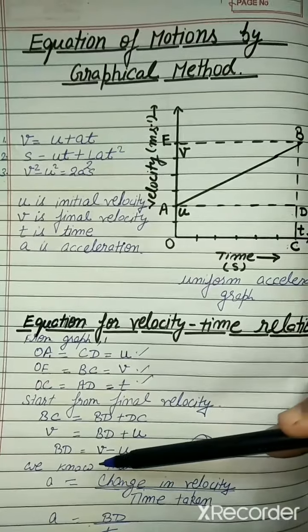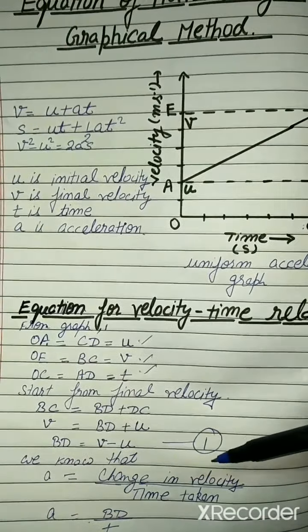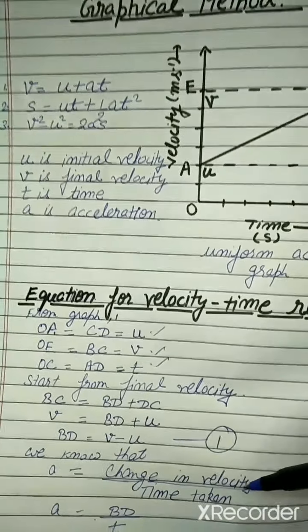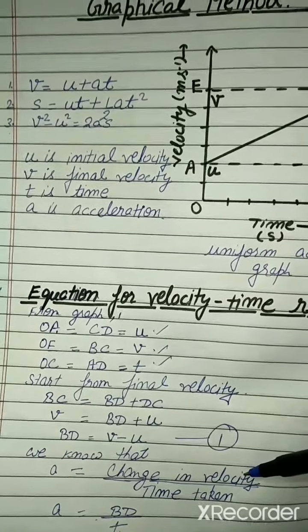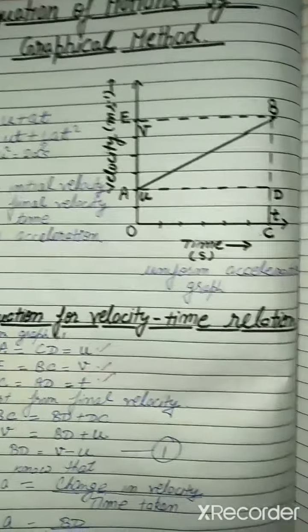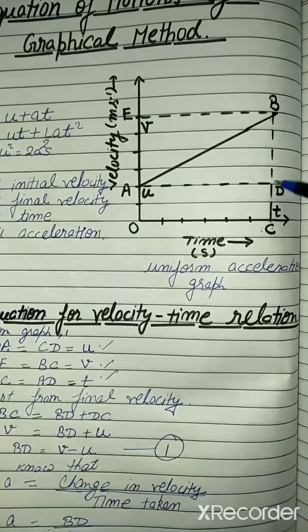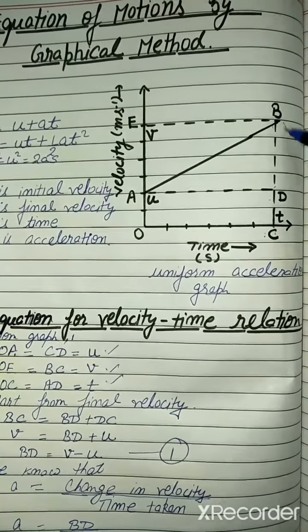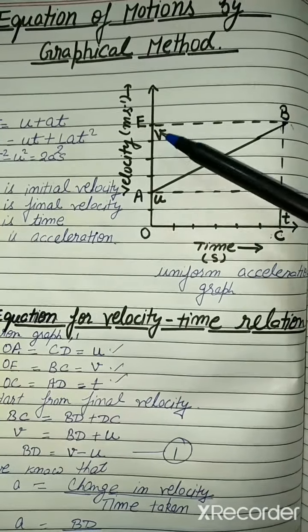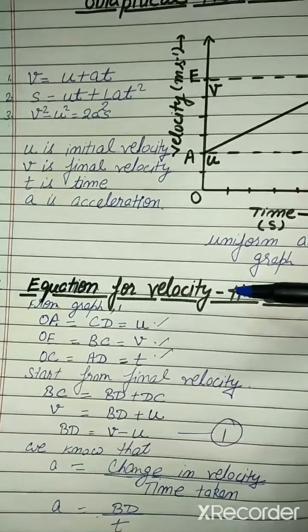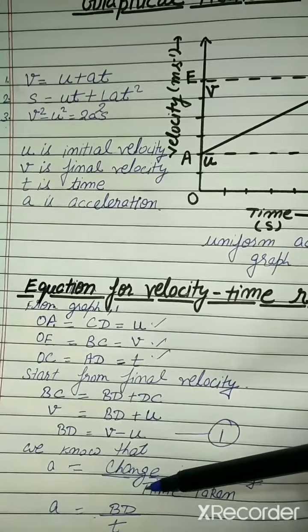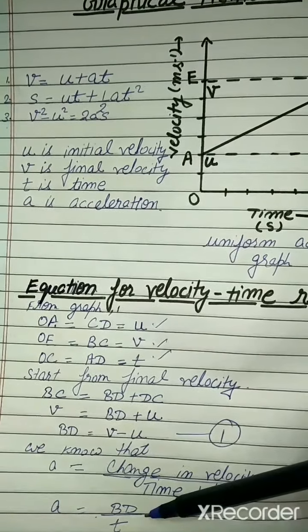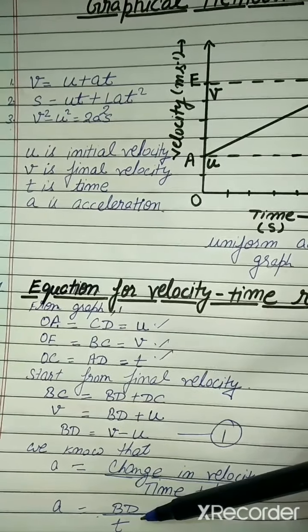And we know that acceleration is equal to change in velocity upon time taken, right? And in the graph, change in velocity is BD, v minus u, right? So acceleration is BD upon time, change in velocity upon time.